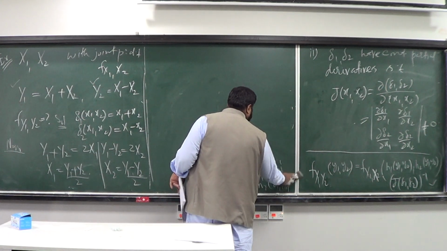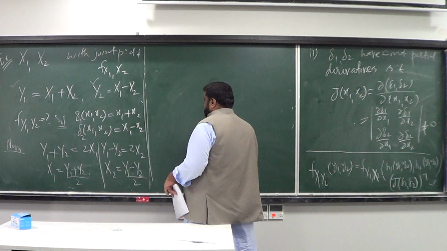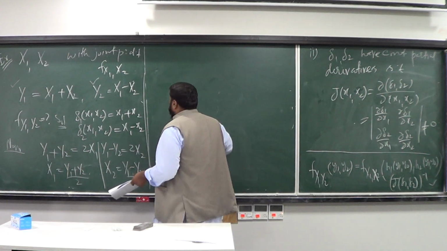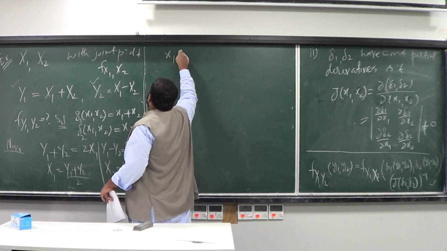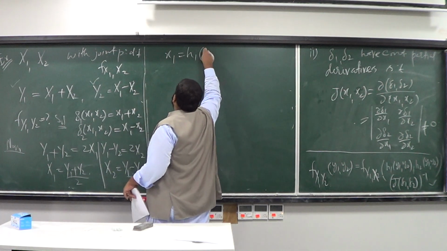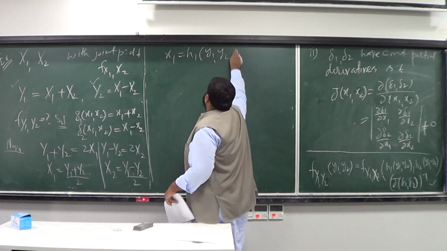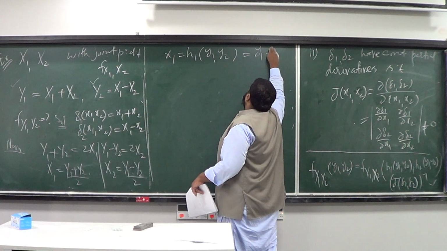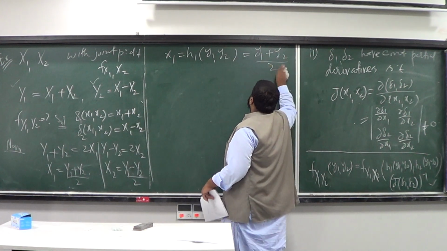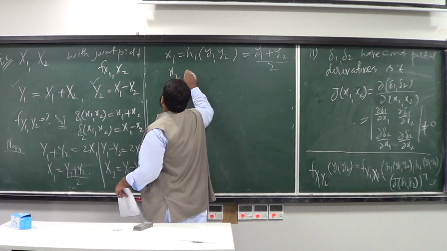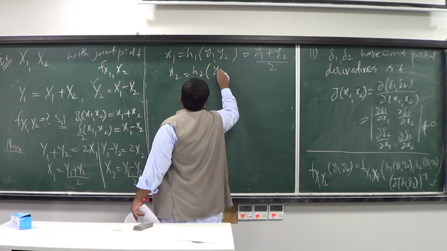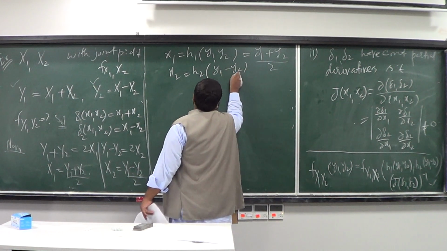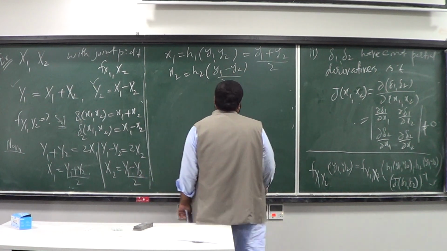This shows that my h1, so x1 is function h1, which is function of y1 and y2, y1 plus y2 upon 2, and x2, which is h2, y1 minus y2 upon 2.